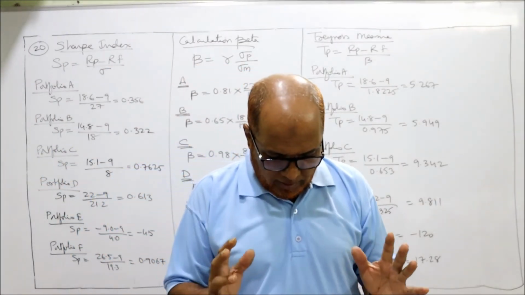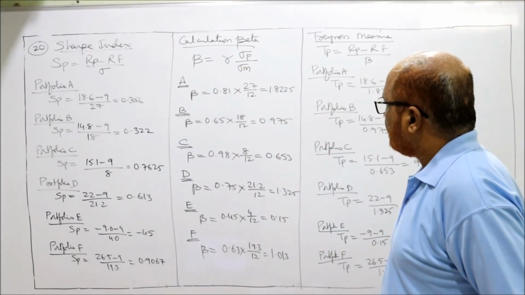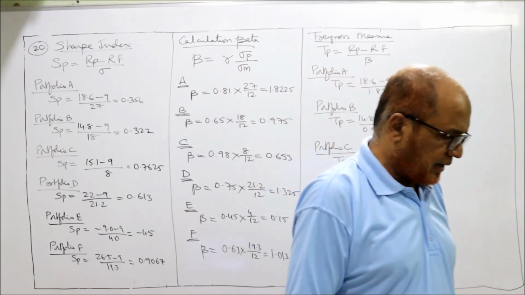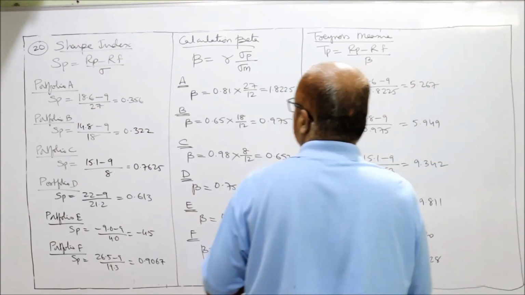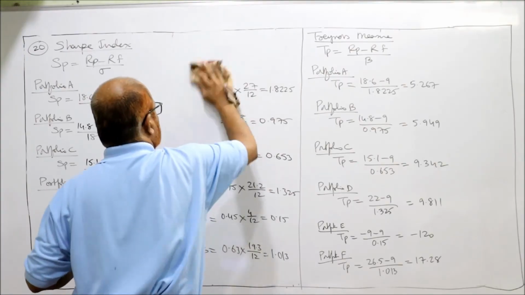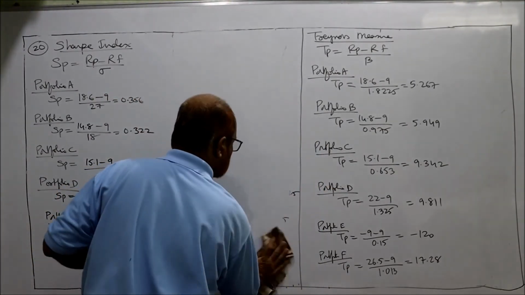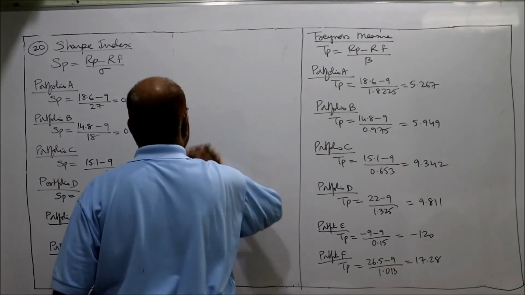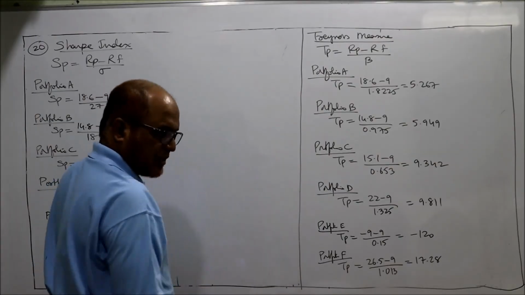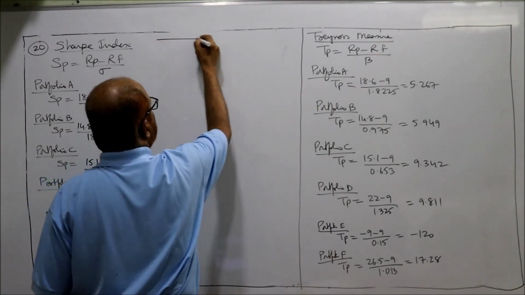That's it. So rank these funds. After this, we have to give the ranking. We have to prepare a table and give the ranking. So how to give the ranks? We'll take the portfolio in the first column.